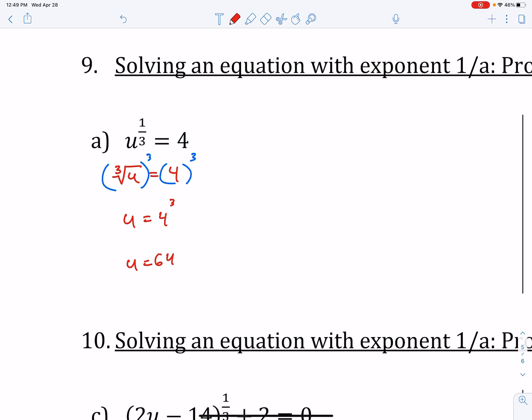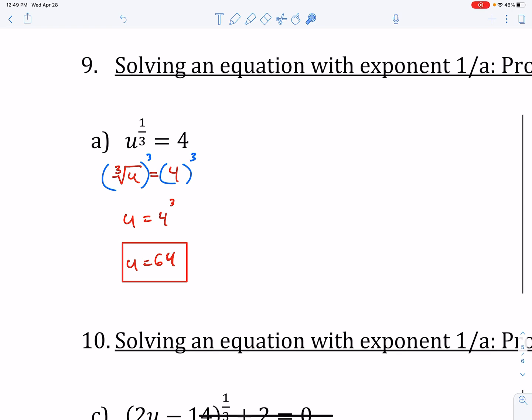Let me backtrack here if that was too fast. What we have going on is u to the power of 1 over 3 equals 4. I translated this into my index of 3 over u, the cubed root of u, getting my roots mixed up.